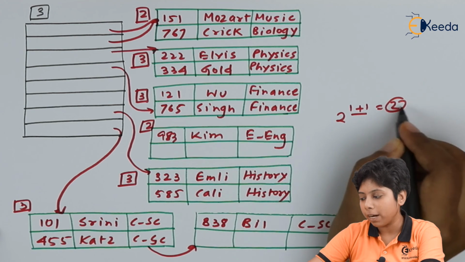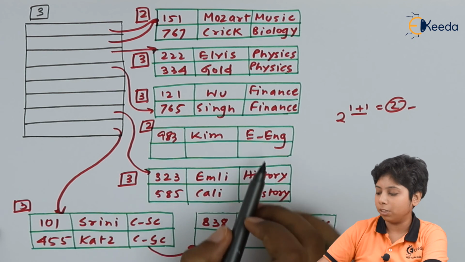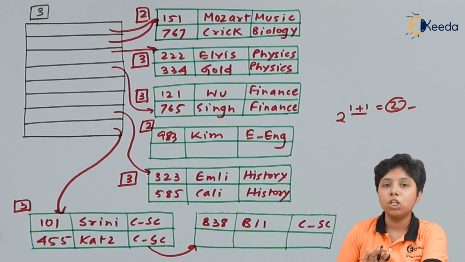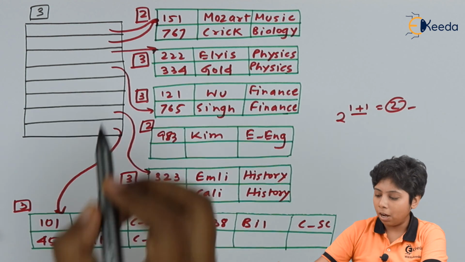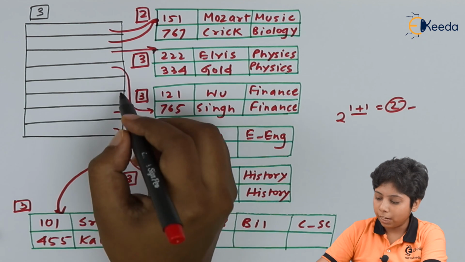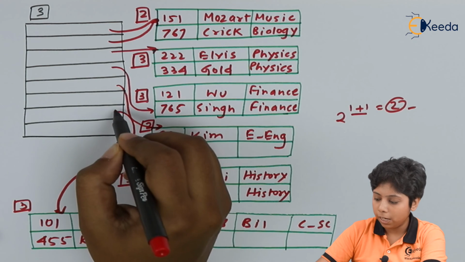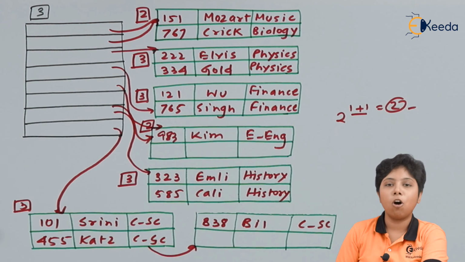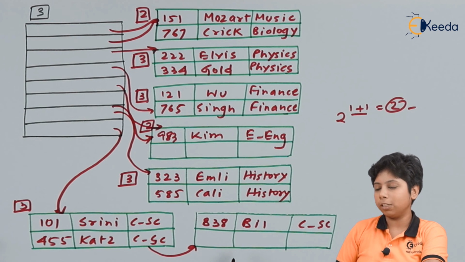So 2 is my new index that we are fetching for electrical engineering, not 3. Now these next 2 fields will point to this 3 in both cases.